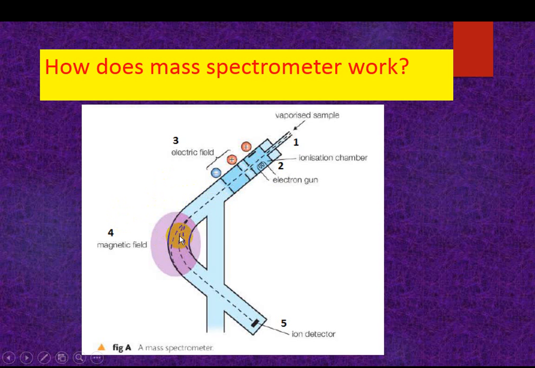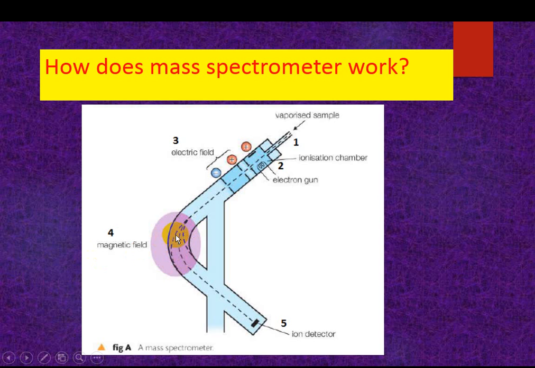Here is the magnetic field. In the magnetic field, these ions deflect according to their mass to charge ratio, inversely. If the mass to charge ratio is less, they are more deflected.